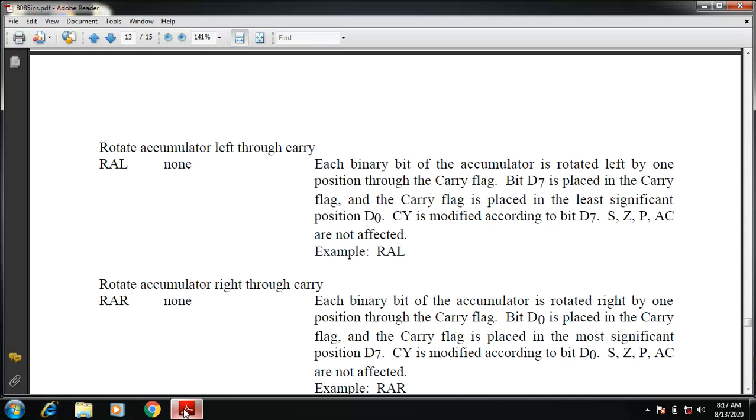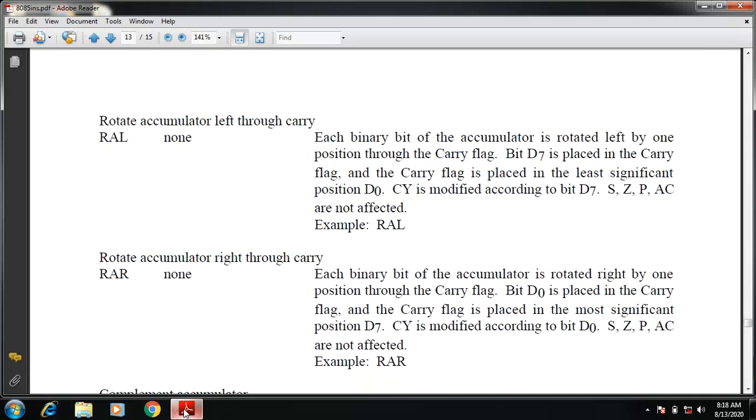But here in rotate all left, all the 8 bits are rotated through the carry flag also. So this is rotate all left. Here the carry flag is modified according to bit D7. All other flags, that is sign, zero, parity and auxiliary carry, are not affected.